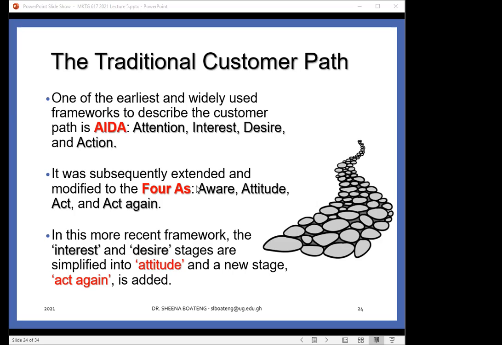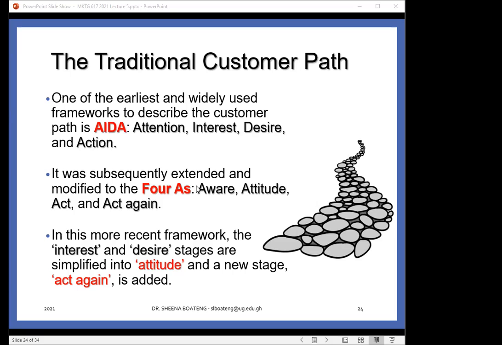Now, once we are able to gain the attention of the customer, we want them to gain an interest in us, such that when they are sifting down the myriad alternatives that they have obtained, we will end up in the final set that they will consider. Now, once the customer ends up with this final set, they need to have the desire to go ahead and purchase one of these to satisfy that need that they have identified, right?